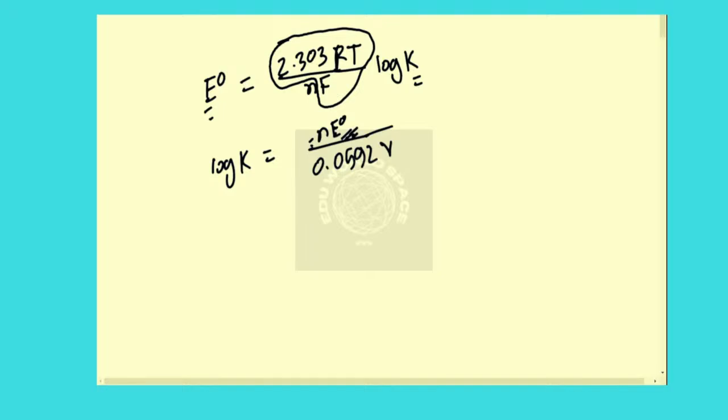Our anode half reaction would be Fe2+ in aqueous form becoming Fe3+ by giving 1 electron, and the standard potential for this half reaction is minus 0.77 volt.